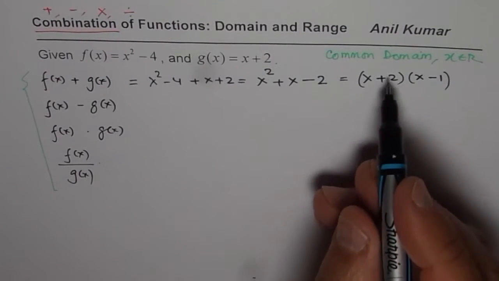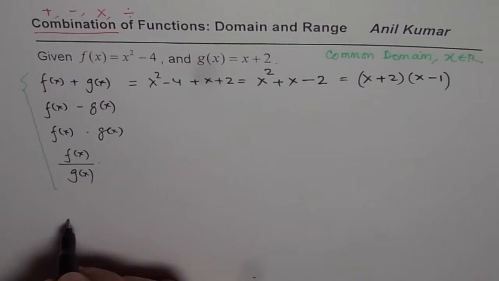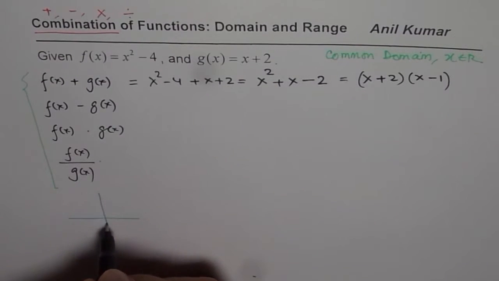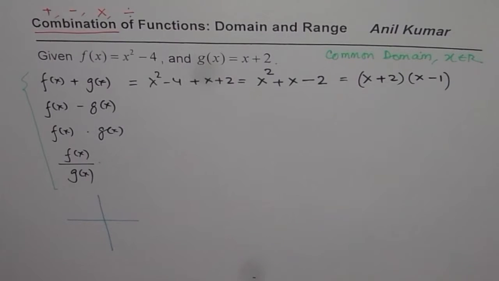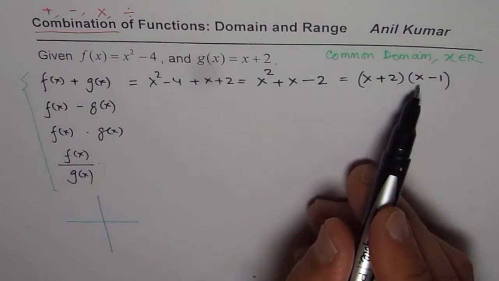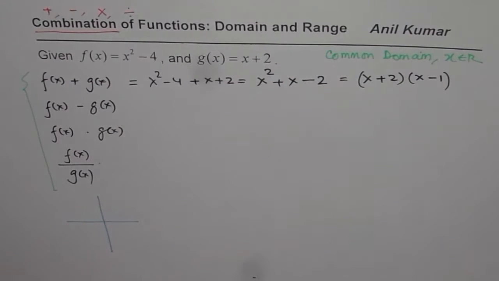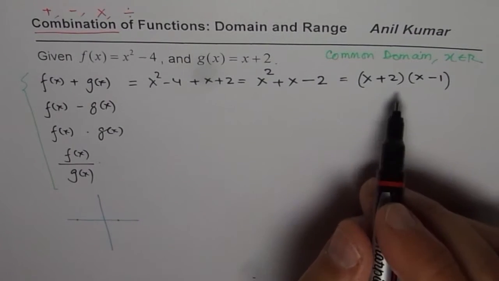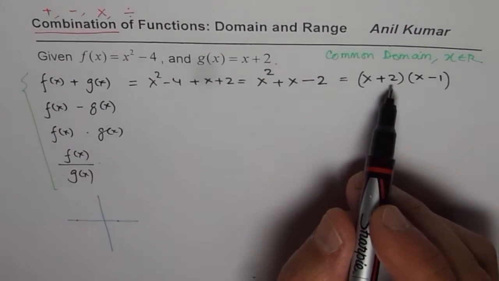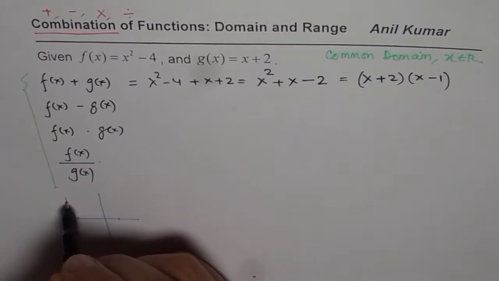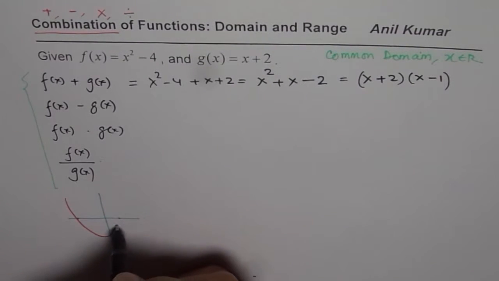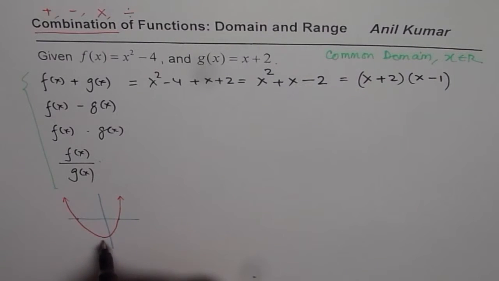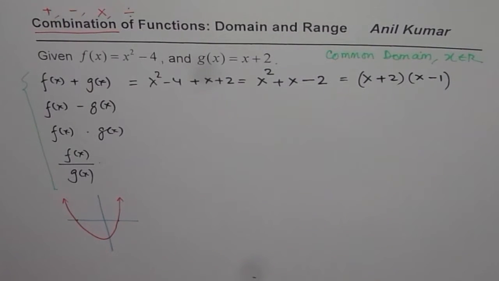Let me sketch these functions over here one by one, and then we'll write the domain and range for these functions. So this one is x plus 2 times x minus 1. That means zeros at minus 2 and at plus 1, and since it opens upwards, its minimum value will be midway somewhere, correct?